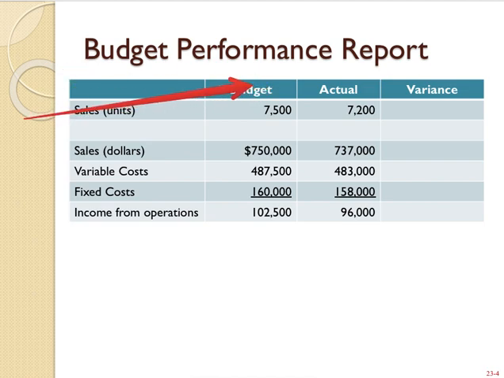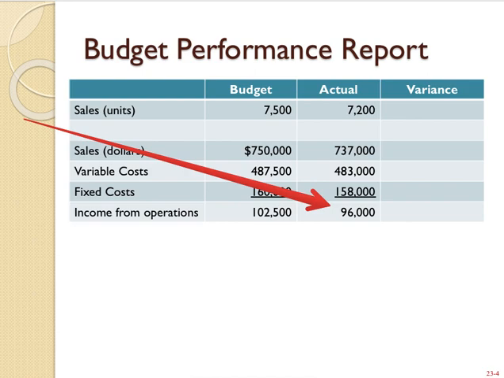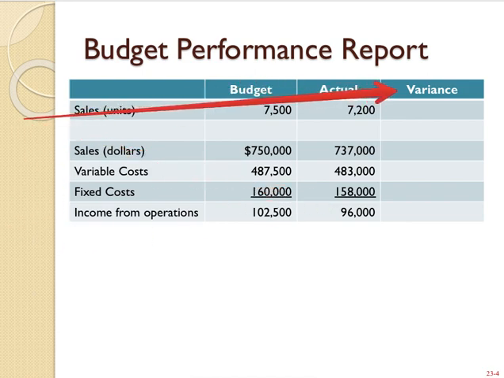We take our budgeted amount, whatever our budget or our plan was for our sales and our expenses in order to come up with what our income is. And then we compare that budgeted amount to our actual results, right? What we really sold, what our real expenses were, and what our real income was. And then from there, we calculate the variance or the difference between budget and actual.